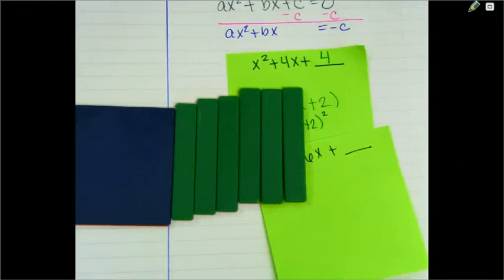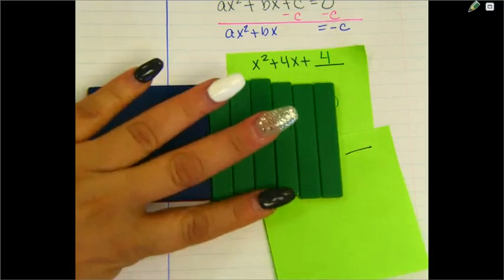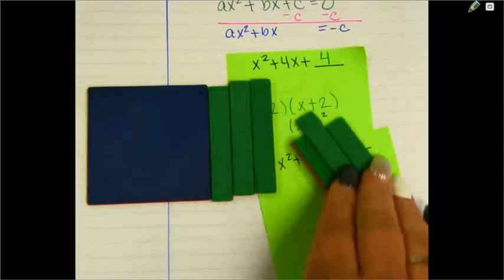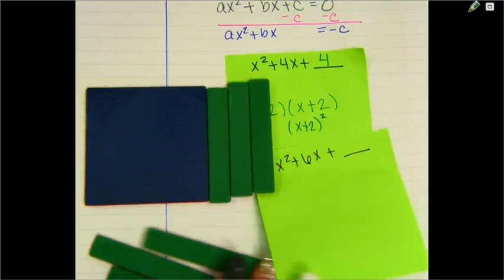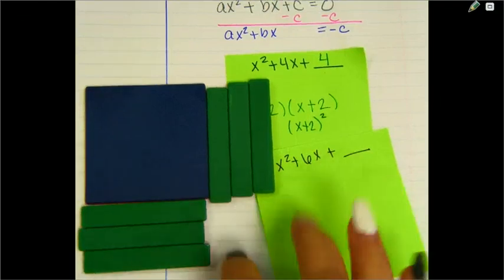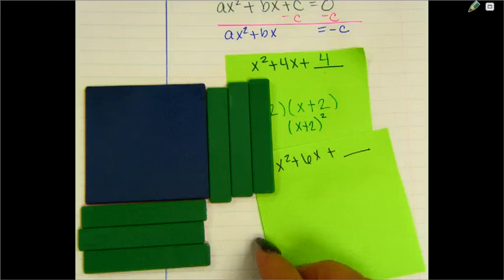So now I've given you 6 x's. We need to still make a square. So how many do we move? 3. And they go to the bottom, yeah? Or the other side, over here. And how much goes here? 9, right?